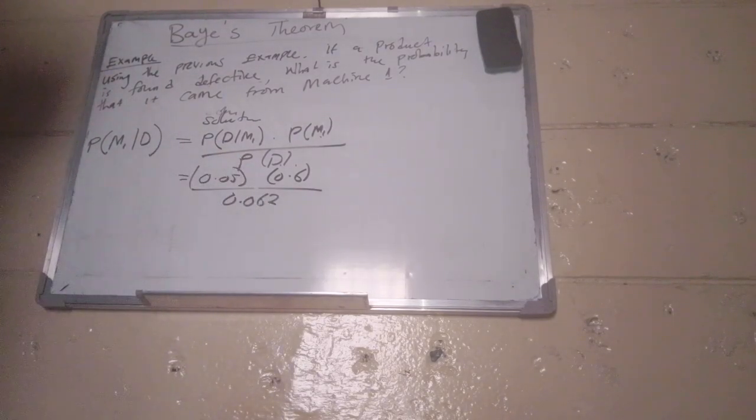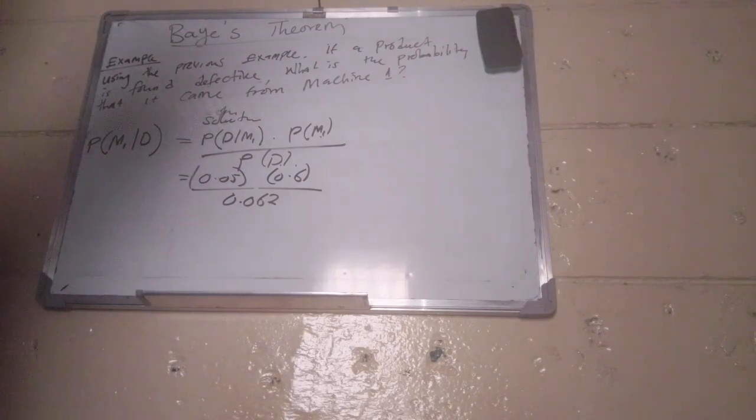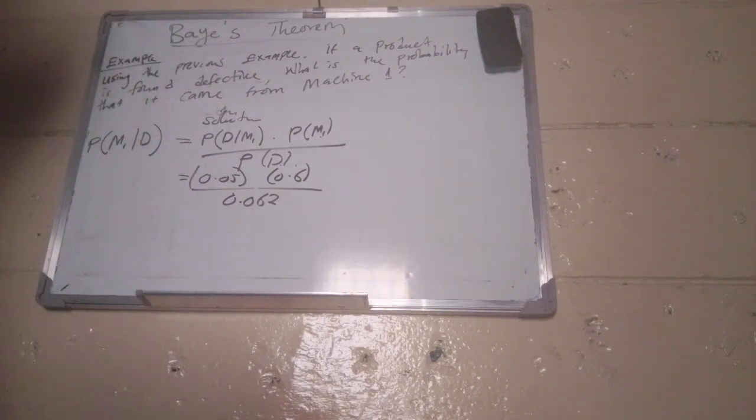So from the previous question, the probability that it is defective given that it is coming from machine 1, multiplied by the probability of machine 1, over the probability that it is defective.